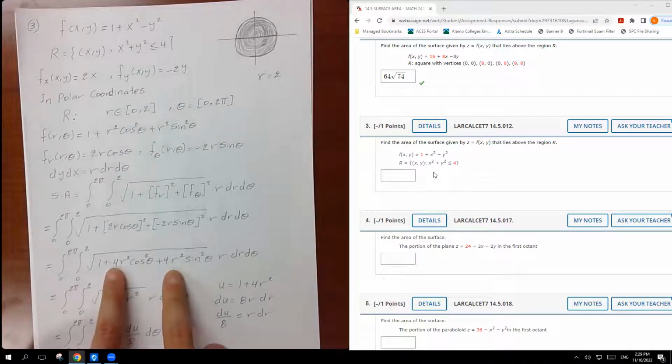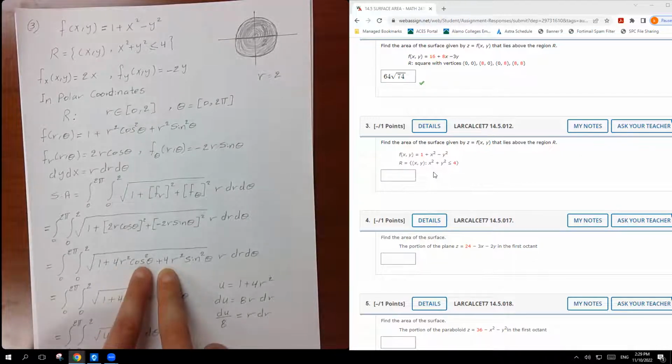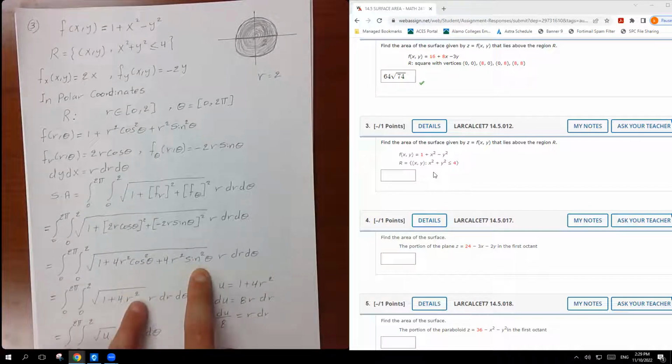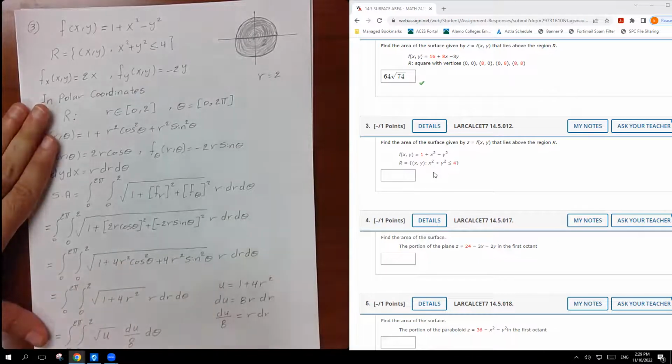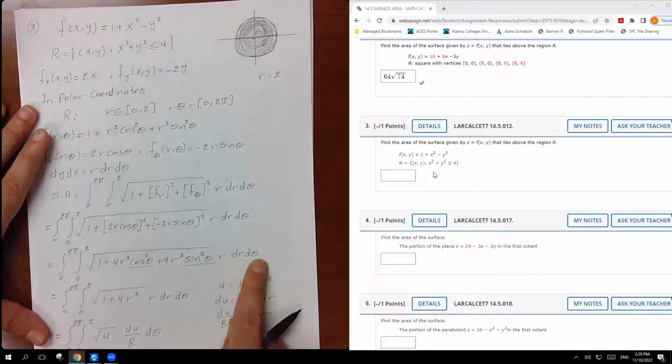I'm going to take 4r squared as a common factor. Cosine squared plus sine squared is going to be 1. So here we have 1 plus 4r squared, r dr d theta.